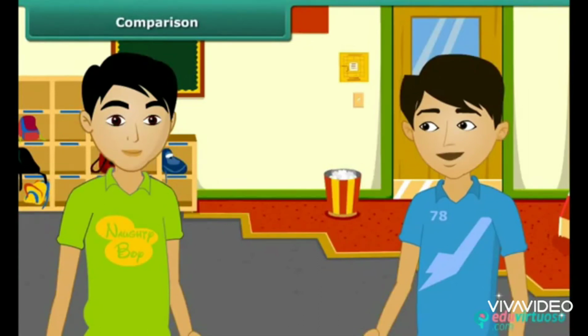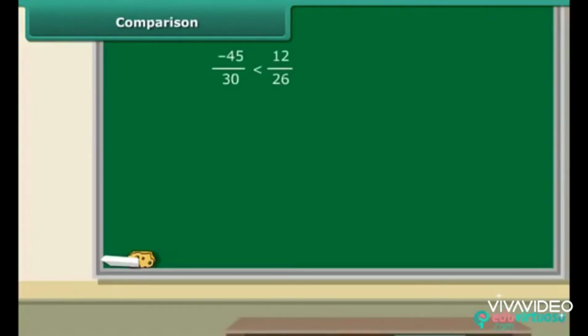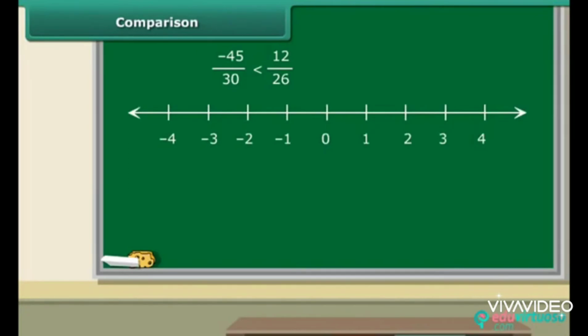Now let us see the comparison of rational numbers. Minus 45 upon 30 is less than 12 upon 26. We can also compare rational numbers on the number line, as we know that a number written on the left hand side of 0 is smaller than a number written on the right hand side.